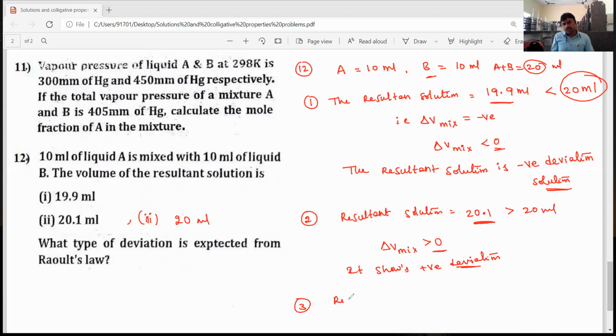If the resultant solution is 20 ml and the given A plus B volume is also 20 ml, then delta V mixture is equal to 0. Then it is an ideal solution.